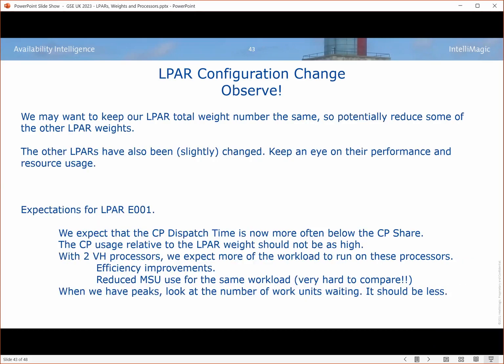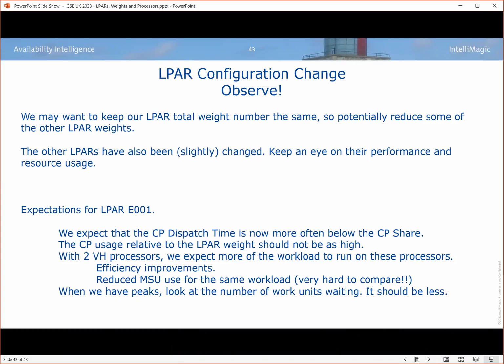Okay, so our expectations. We expect that the CP dispatch time in CPs is now below the CP share. Maybe not exclusively, but much less. That's what we're aiming for. The chart where we looked at the CP usage relative to the LPAR weight should not be as bad, i.e., we've increased the weight somewhat, so we should actually be getting more of the resources that we want that LPAR to have.